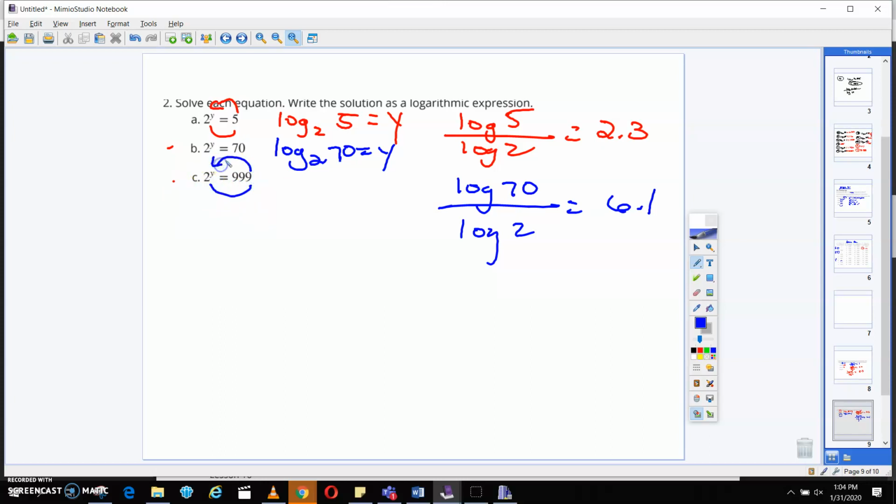The next one, I'm going to write it as log base 2 of 999. Isn't it 9.996? I put 10. No, put 9.6. Yep. Renaya made a mistake. It is 9.96. Yeah, you told me 9.6. It's okay. Just want to make sure.